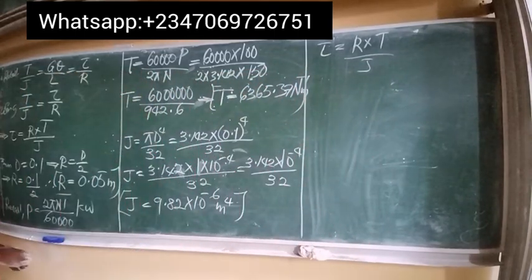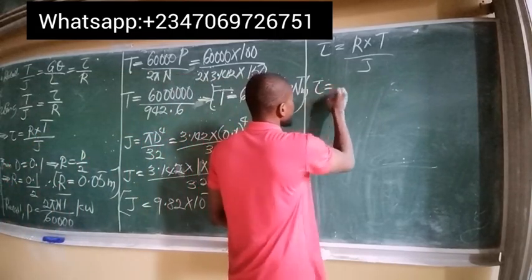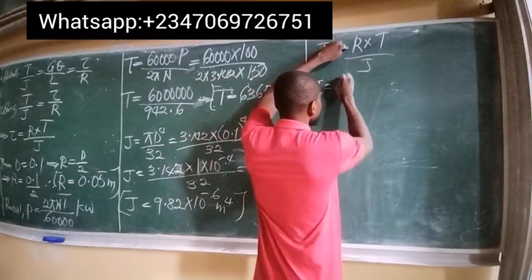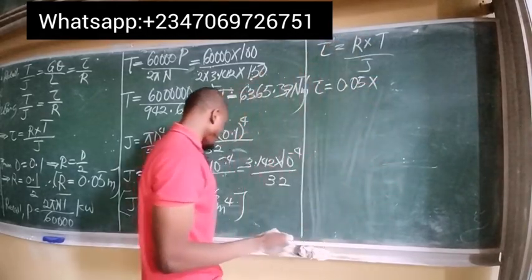Okay, so let's plug in the values. Radius gave us 0.05. Shear stress equals 0.05 multiplied by the torque.